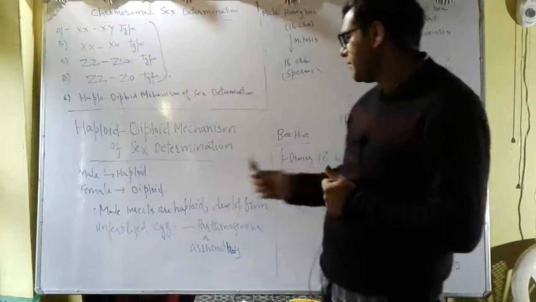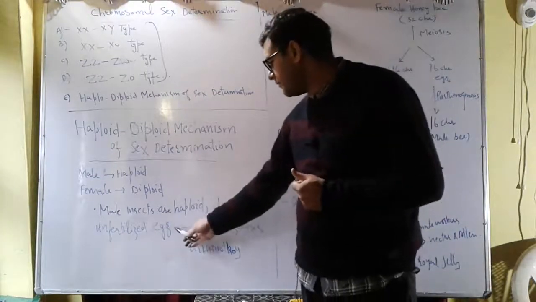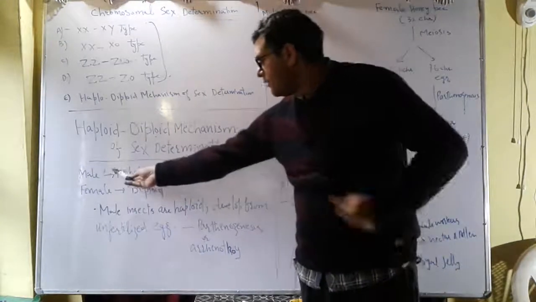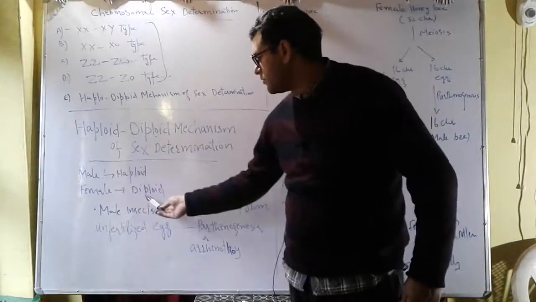So here male is haploid and female is diploid.